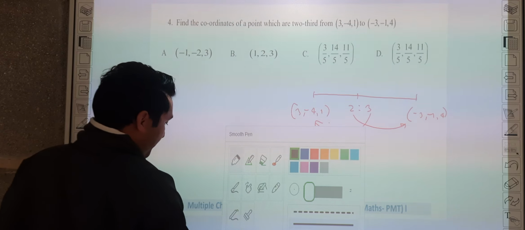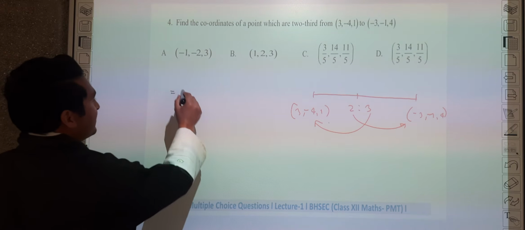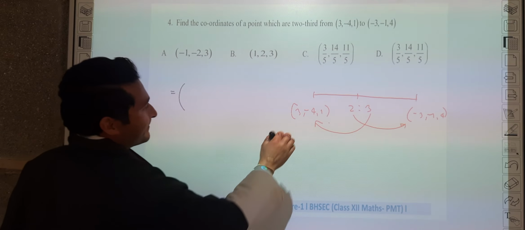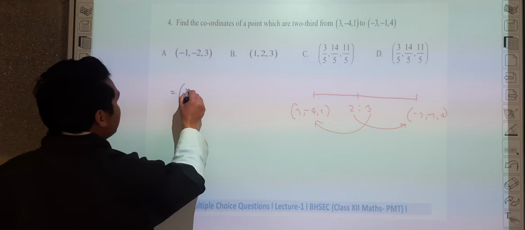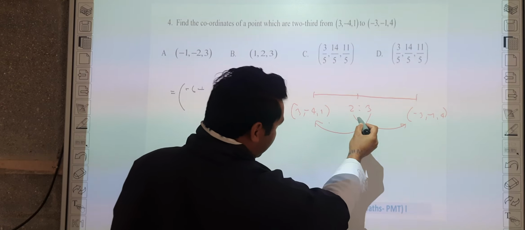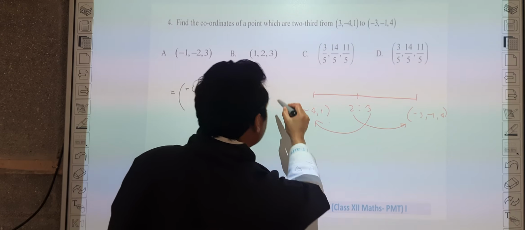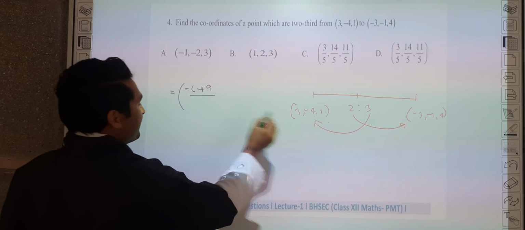So let's do it. The coordinates are equal to, directly, 2 times -3 is -6, plus 3 times 3 is 9, divided by 2 plus 3.